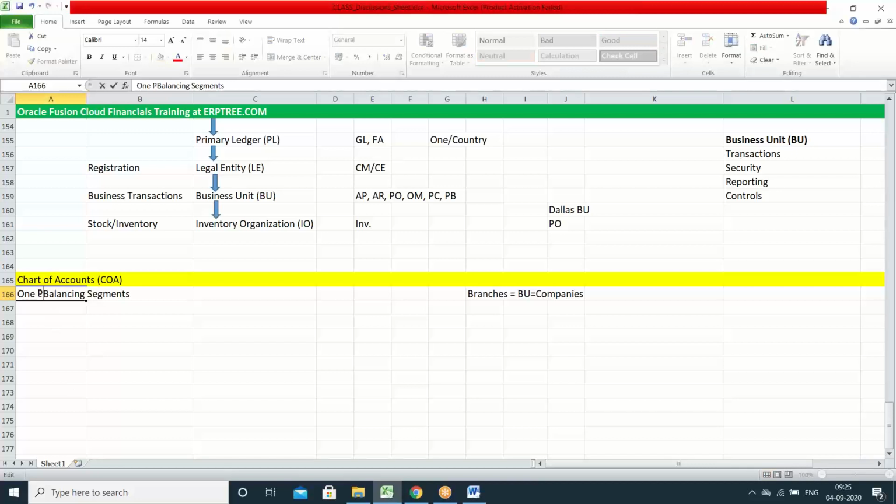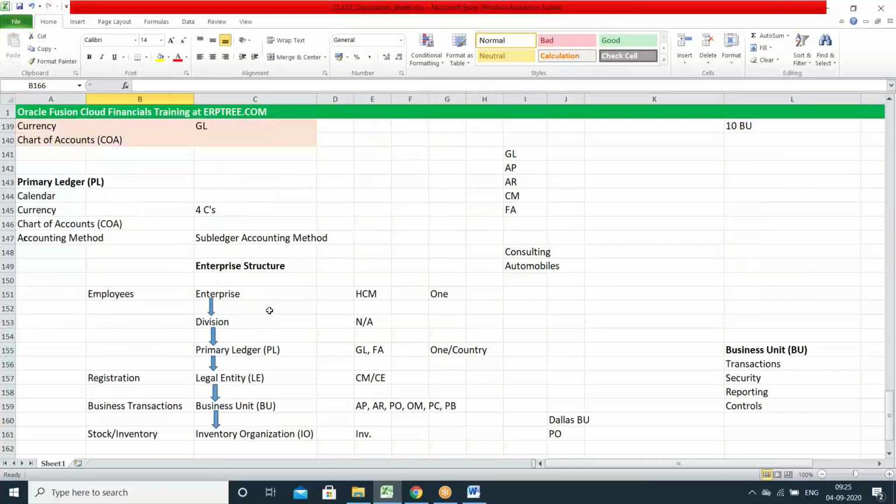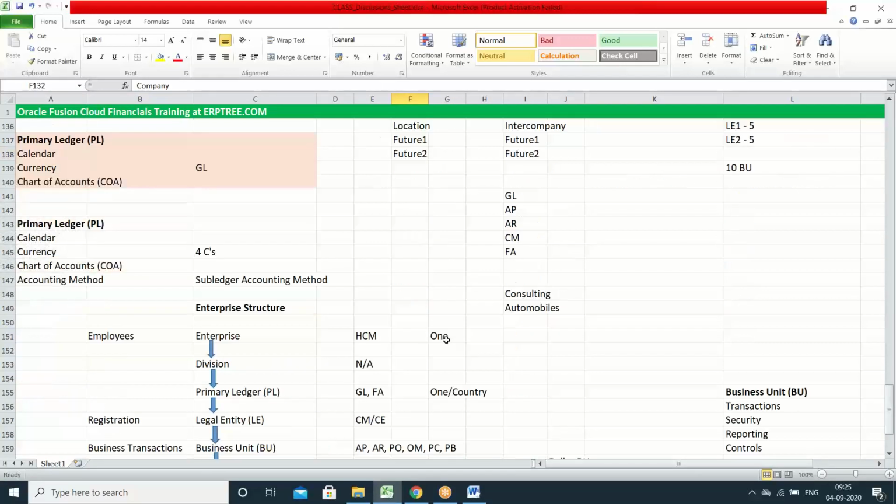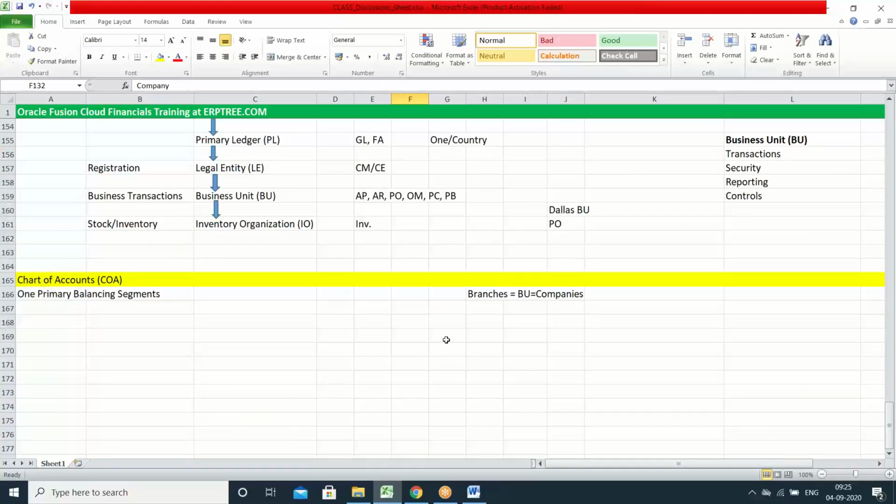So one primary balancing segment. If you take this chart of accounts, here company you should use as the primary. So you have to select one segment as the primary segment to balance your transactions, to record at what segment level you want to record all the transactions. You should choose one segment as the primary.